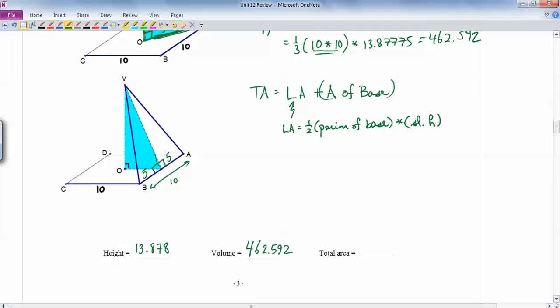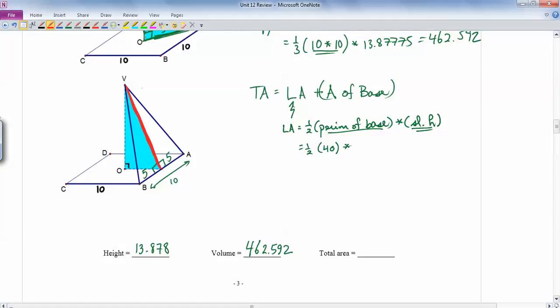So the perimeter of the base is easy. That's 10 times 4. So that's going to be 1/2 of 40 times whatever the slant height is. And the slant height is the one going right down the middle of the face of the triangle.